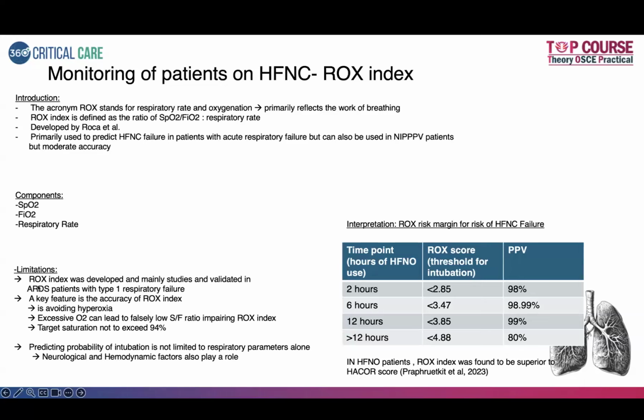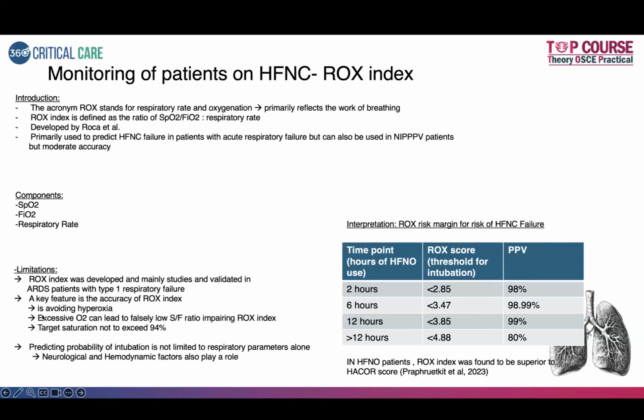So limitation one is ROX index was developed and mainly studied and validated in patients with ARDS who presented with type 1 respiratory failure. So whether this can be contemplated and used in other subsets of patients is still under study. There are a lot of studies going on to assess its efficacy in other subsets who present with hypoxia. A key feature is the accuracy of your ROX index.